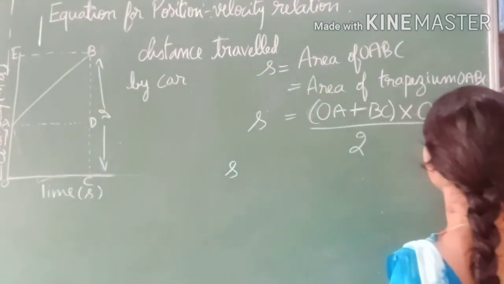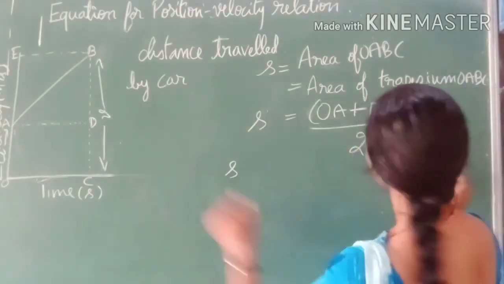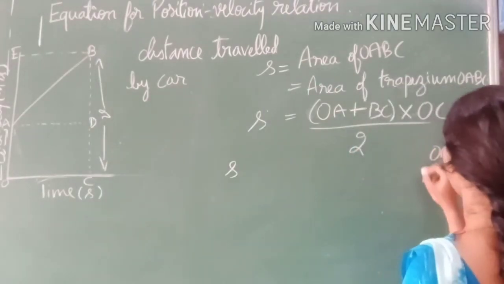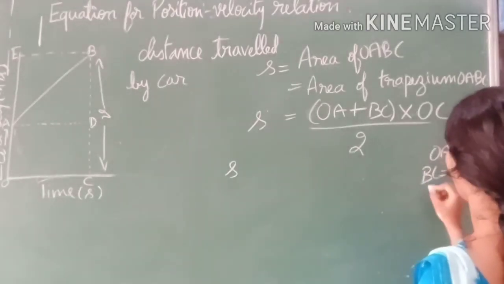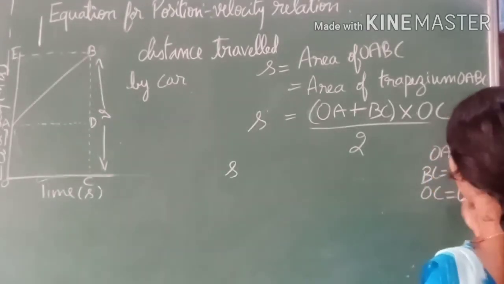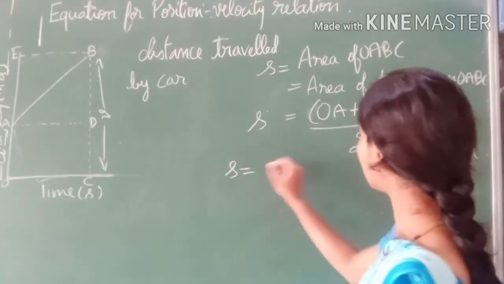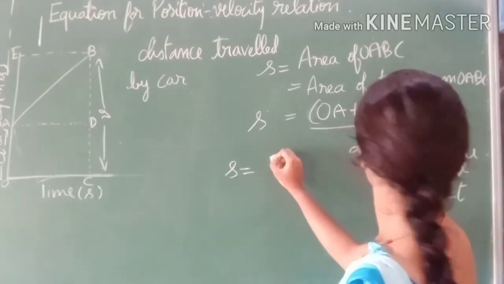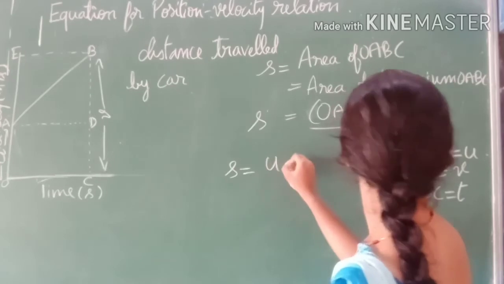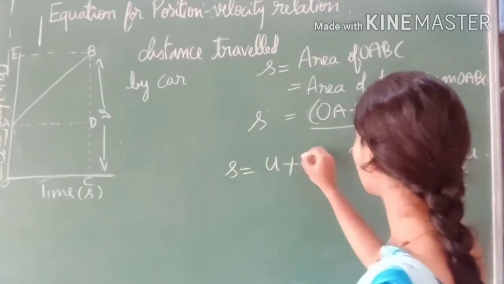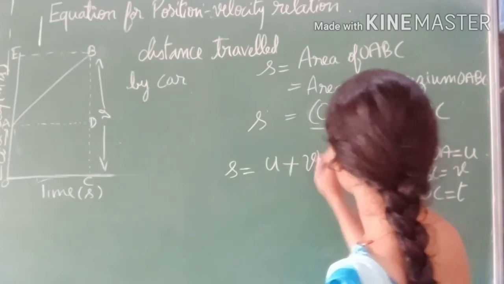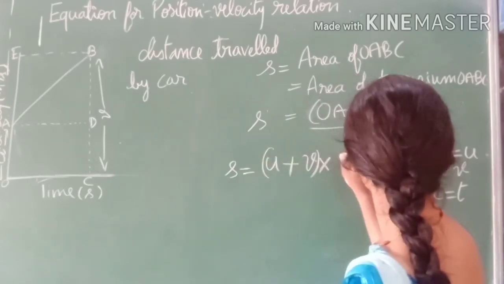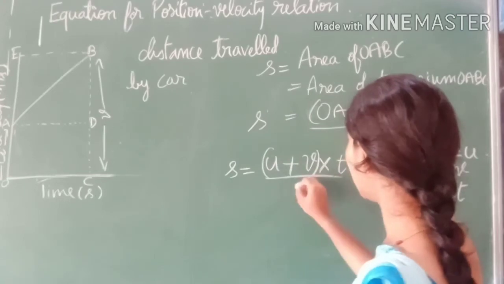OA is equal to U, BC is equal to V and OC is equal to T. So S is equal to U plus V into T divided by 2.